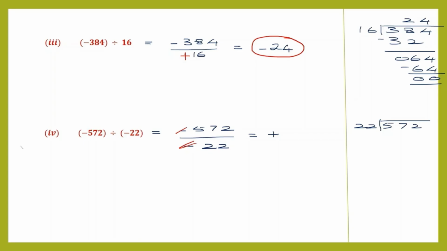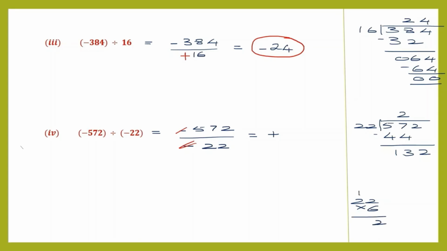So let's do that. 22 twos are 44. So let's write that down. 22 twos are 44. Now let's minus. 7 minus 4 is 3. 5 minus 4 is 1. We bring down 2. Now 22 into what will give us 132. Let's try 22 into 6 and see what we get. 6 twos are 12.